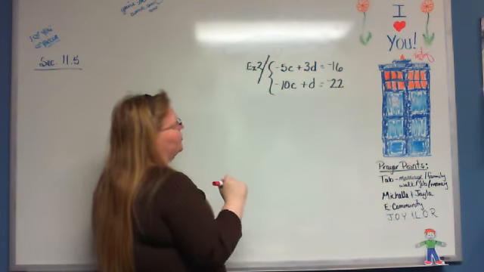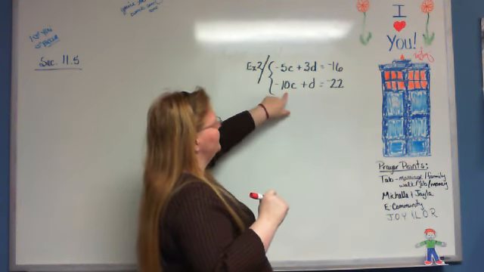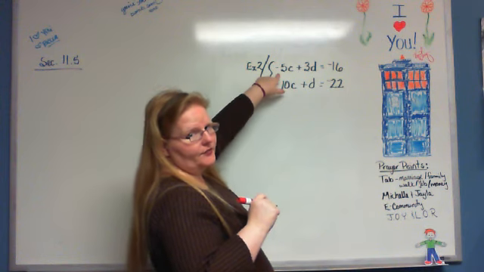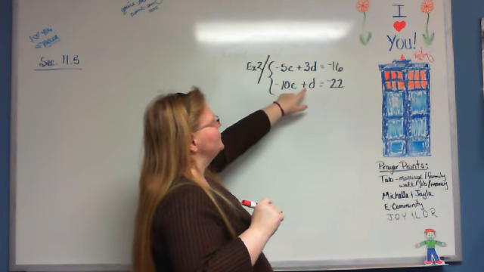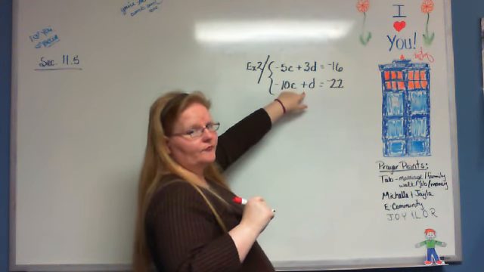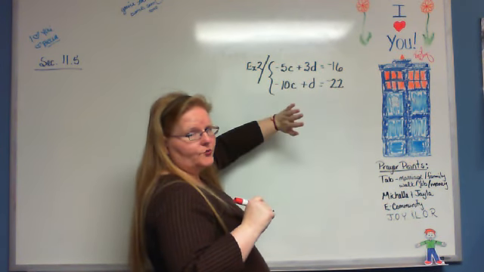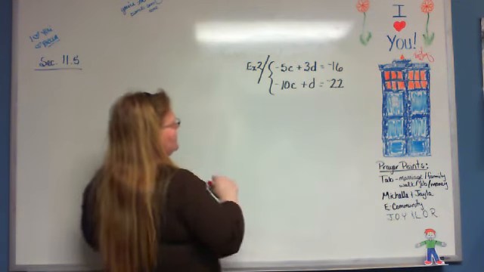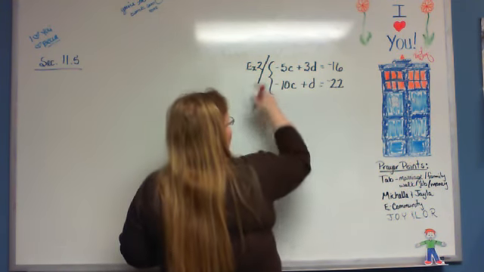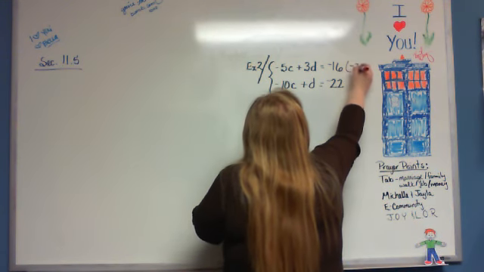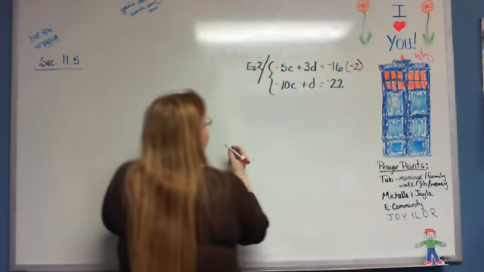So, you can either choose to have gotten rid of the 10c by multiplying that one by negative 2, or you could choose to multiply this one by a negative 3. Doesn't matter which one you multiply by or which one you do, because you're going to end up with the same answer for either. I'm going to choose to do times the negative 2 on top.